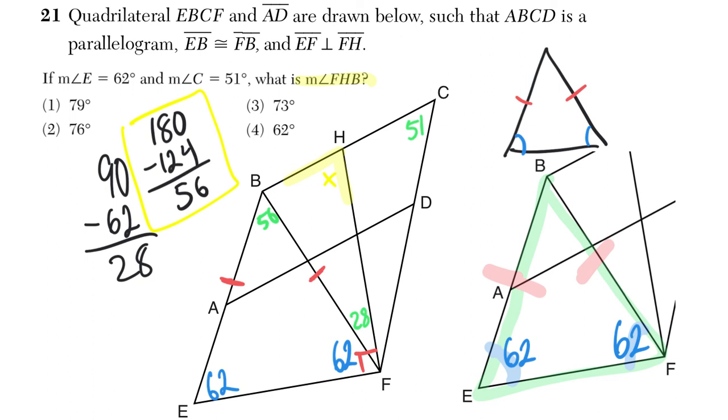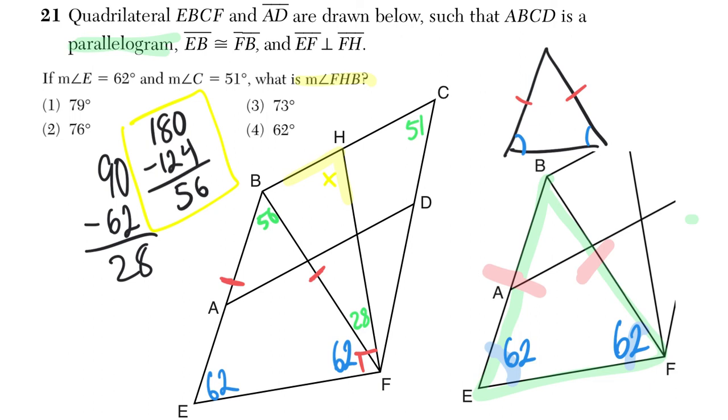And this is not, sadly, a linear pair. If it was, that would be too easy, right? So how are we going to go about determining the value of this angle? Well, I know a few things. It says critically that ABCD is a parallelogram, and one of the things I know about parallelograms is that opposite sides are parallel.